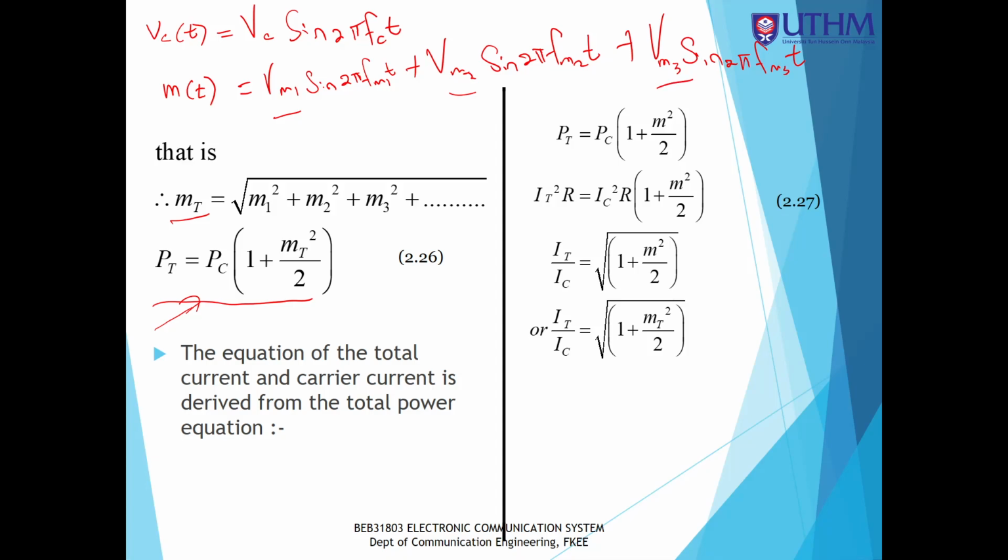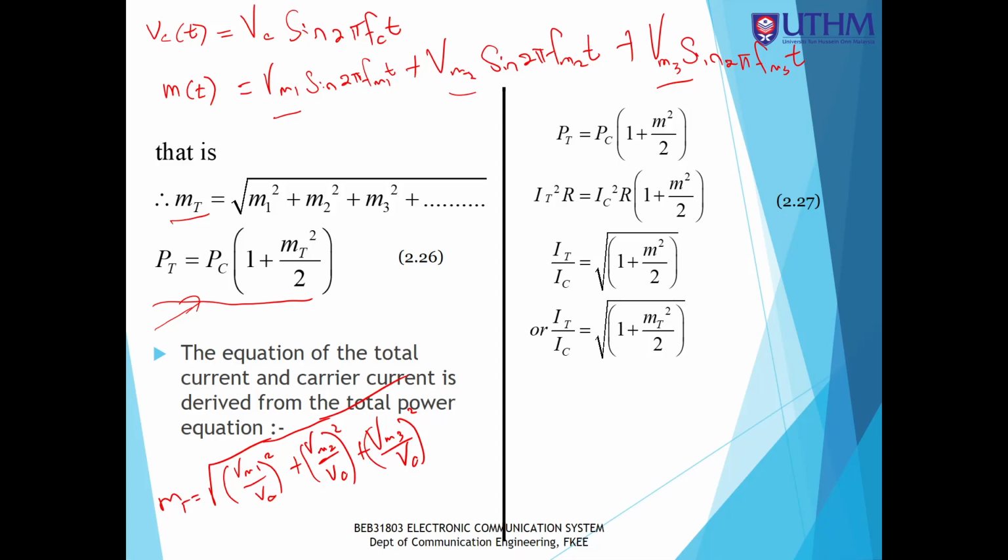To calculate the total modulation index, M total is equal to the square root of, in this example, Vm1 over Vc square plus Vm2 over Vc square plus Vm3 over Vc square. So we get the total modulation index.